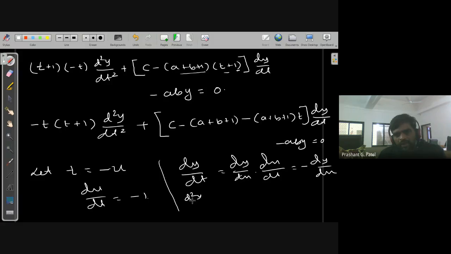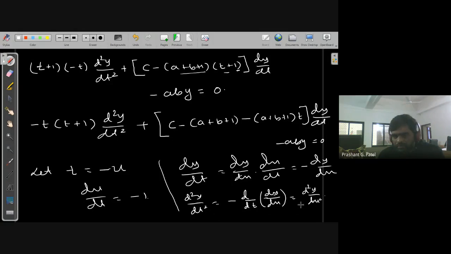And d square y by dt square, by the same argument as we did previously, is nothing but minus of d by dt of minus dy by du. Again, we use the chain rule, then this will be d square y by du square into du by dt. Minus is there, and du by dt is minus 1, so that minus minus becomes plus.